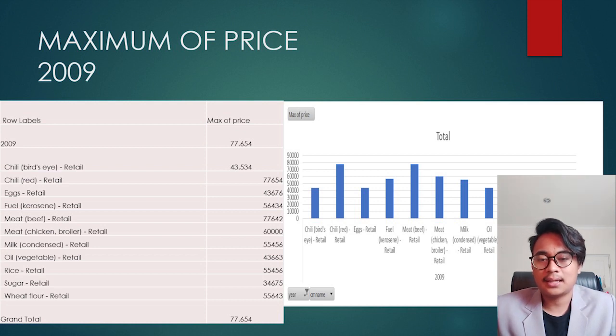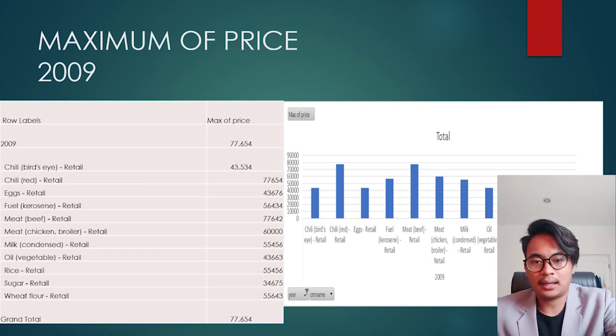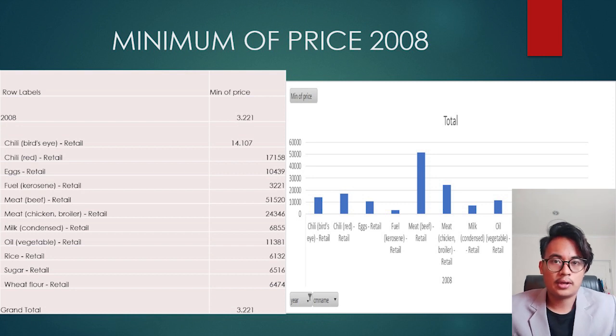The last step is to hit enter, and the largest number from your selection will populate in the cell. Then I also do a pivot so I can make the table. As you can see in the slide, the maximum price is the chili red retail.